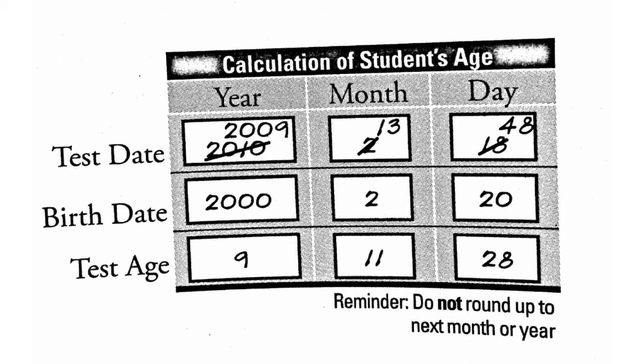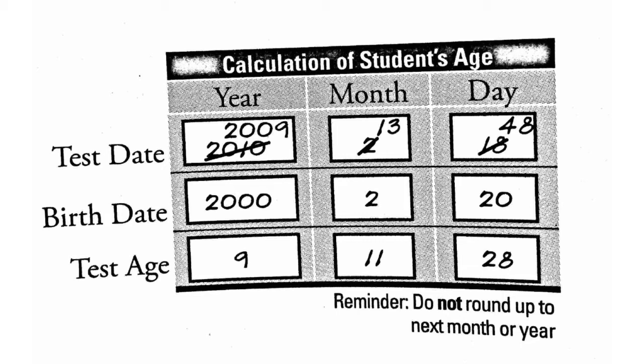The other thing that you need to do right when you sit down to administer the assessment or report is to calculate the student's chronological age on the day that the test was given. Okay, and you want to be specific about this. You want to record this information. You want to calculate it down to the year, month, and day.